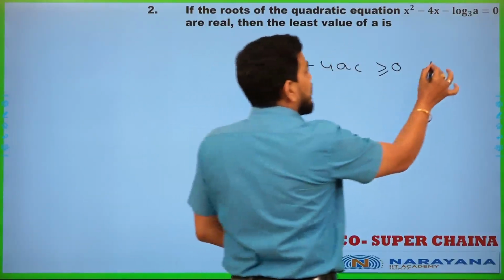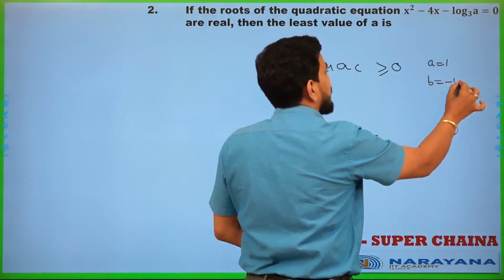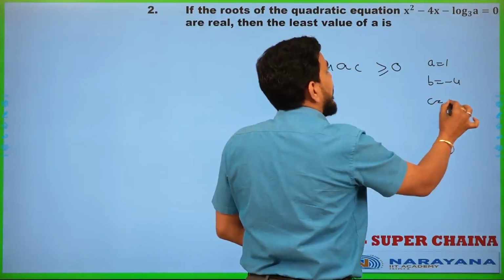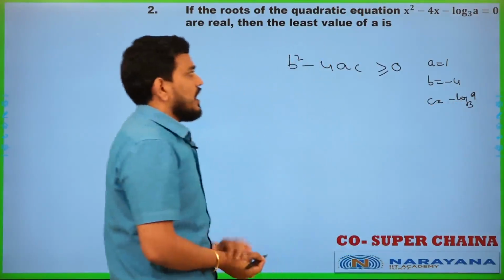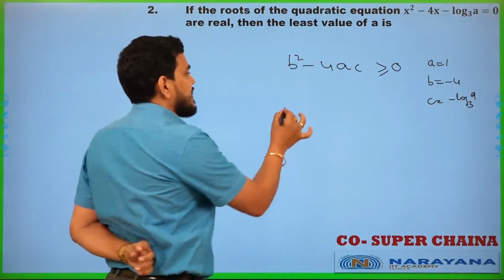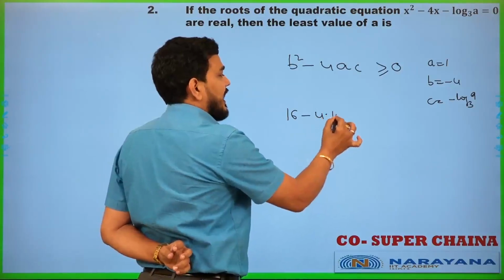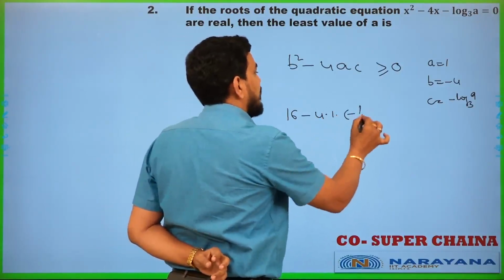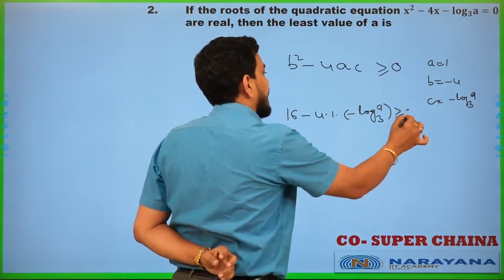Look at the values: a is 1, b is −4 and c is −log a base 3. So let us write b² is 16, minus 4 into a is 1, into c is −log a base 3, greater than or equal to 0.